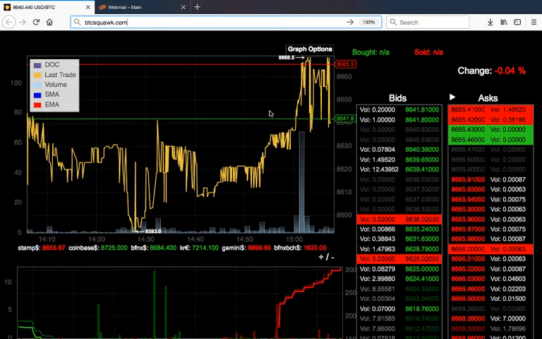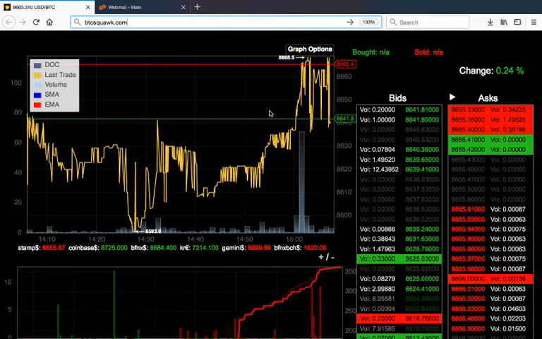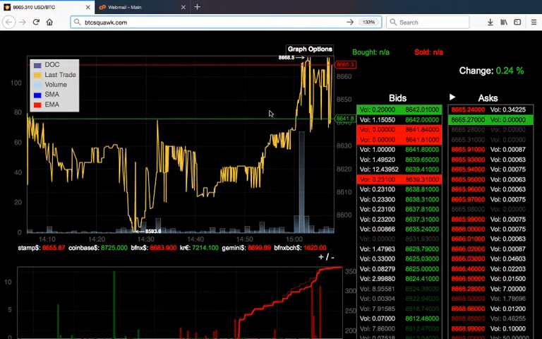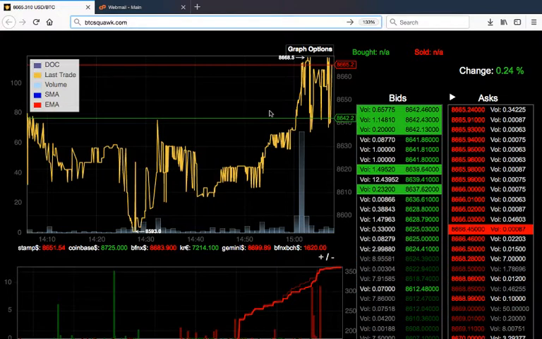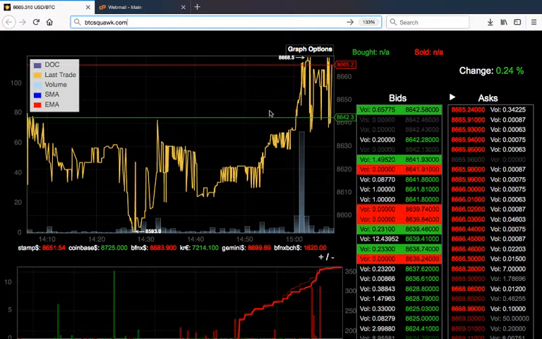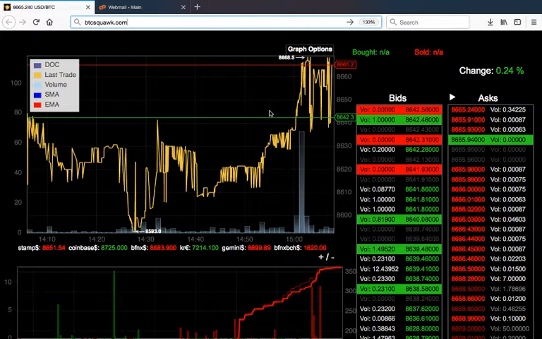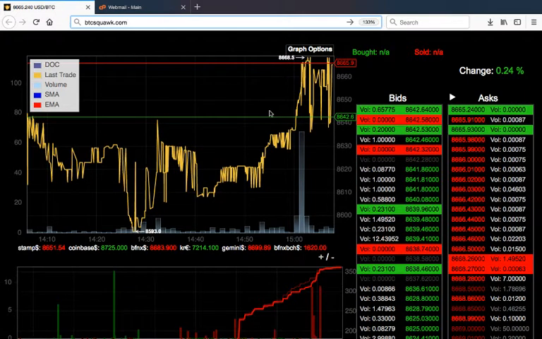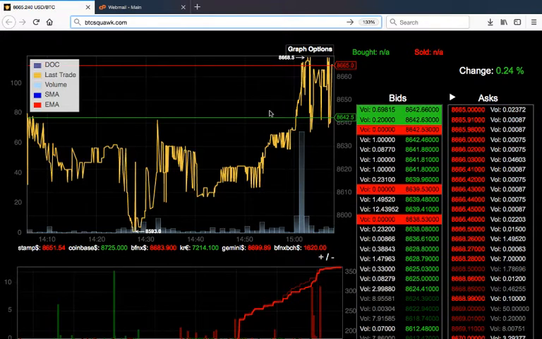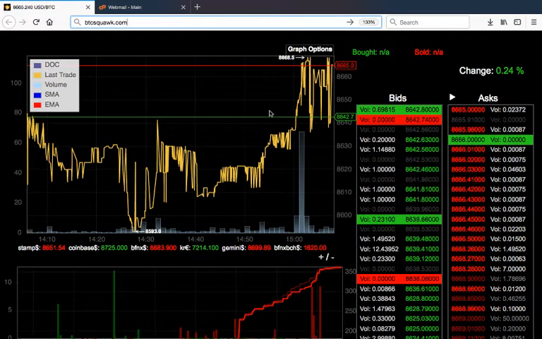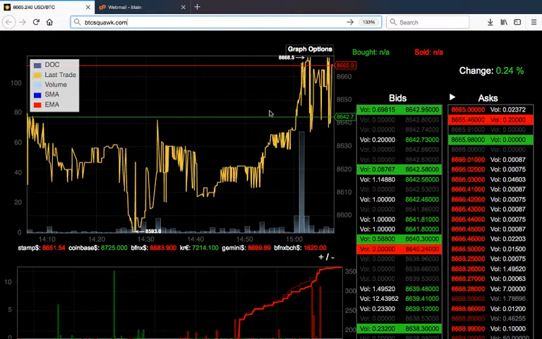Trading now at 64, 1 bid offered at 86.65. $64 bid.